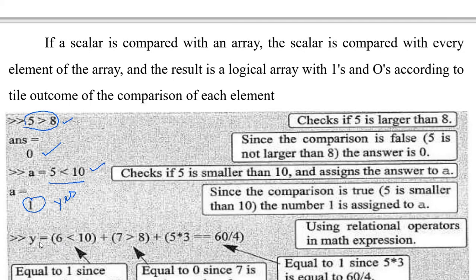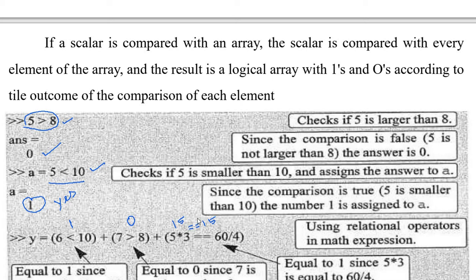Next we're going to see an expression: y = (6 < 10) + (7 > 8) + (5 * 3 == 60 / 4). Here there are three different expressions in brackets, and we know the precedence of the arithmetic operators with brackets: the inner parentheses are evaluated first. So 6 less than 10 is true, so the value is 1. 7 greater than 8 is false, so the value is 0. 5 multiplied by 3 is 15, and 60 divided by 4 is also 15.